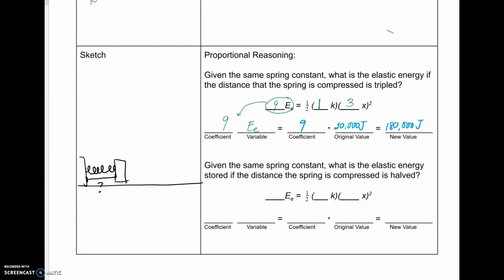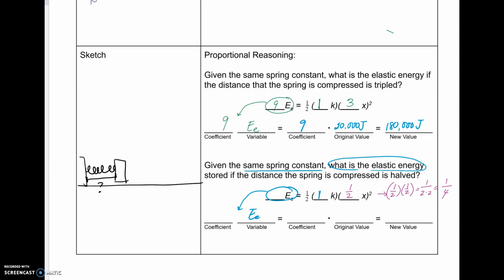All right, next is the same spring constant. What is the elastic energy? So this is the thing that we're looking for. Stored if the distance of the spring is compressed is halved. So if we halve this, okay, remember that 1/2 times 1/2 is going to give us 1 over 2 times 2, which is 1/4.